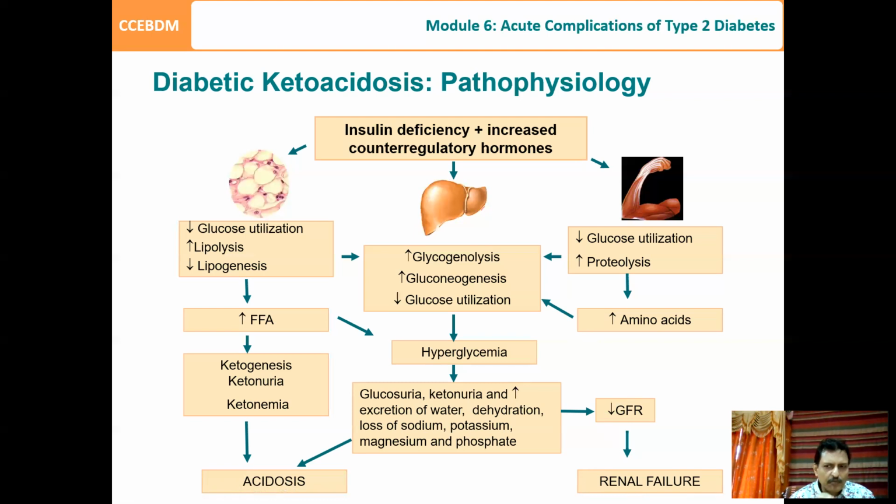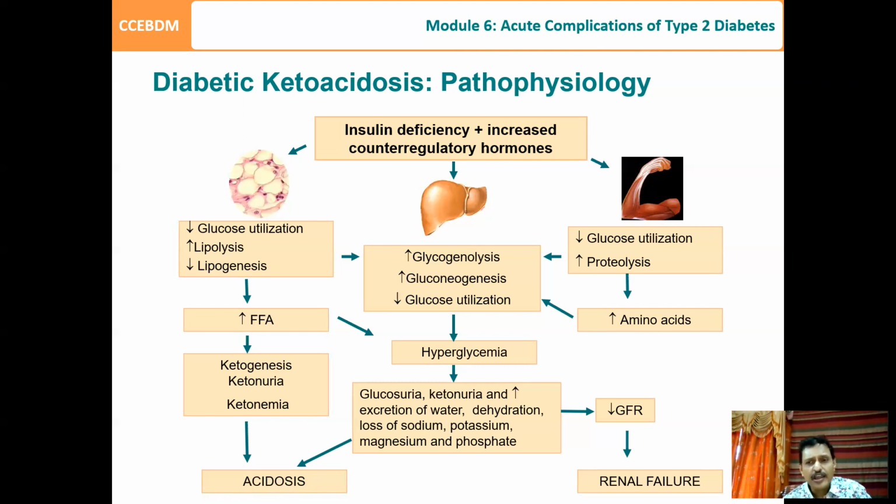But if there is some amount of renal function, if the patient is producing urine, then if we hydrate the patient, that will simply solve a lot of the issues, because once the hydration is there, GFR will improve, and because the kidney opens up, the glucose will come out into the urine, so the blood glucose level will come down.